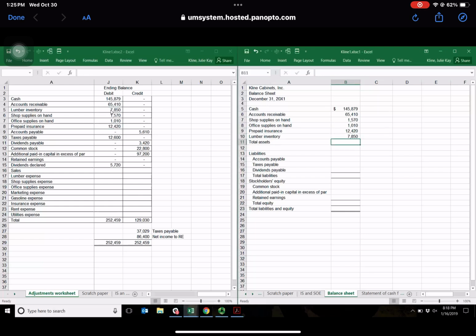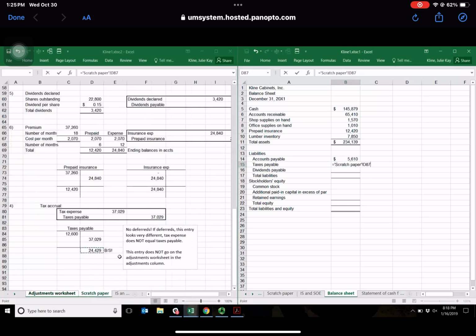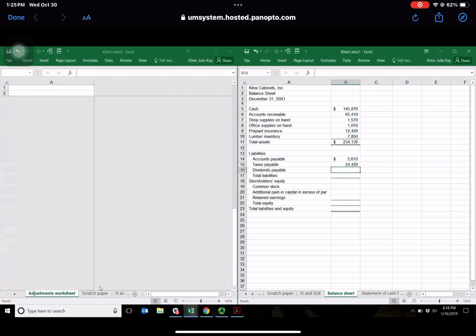All right, and then total assets. Again, dollar signs at the top and the bottom for presentation purposes. All right, accounts payable. Taxes payable, if you'll remember, we need to go to the scratch paper and pull the ending balance from my RT account. That's our balance sheet number.